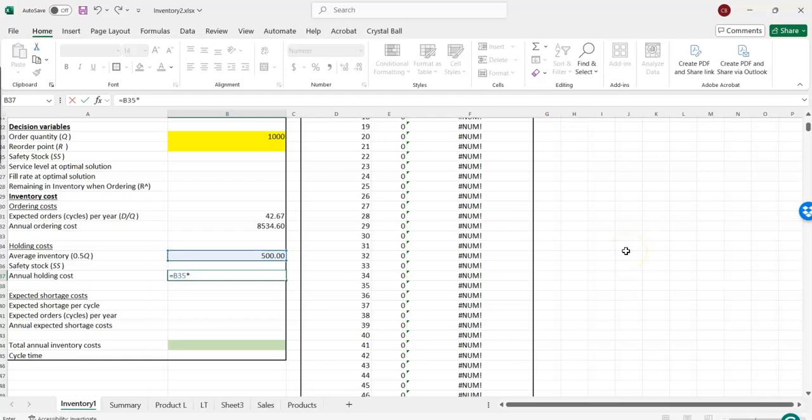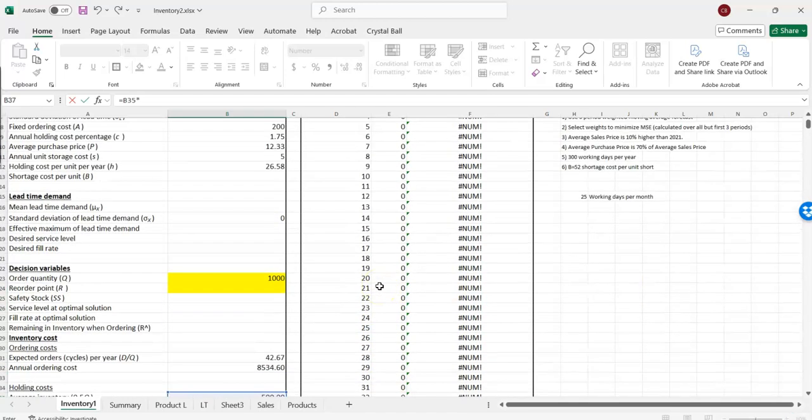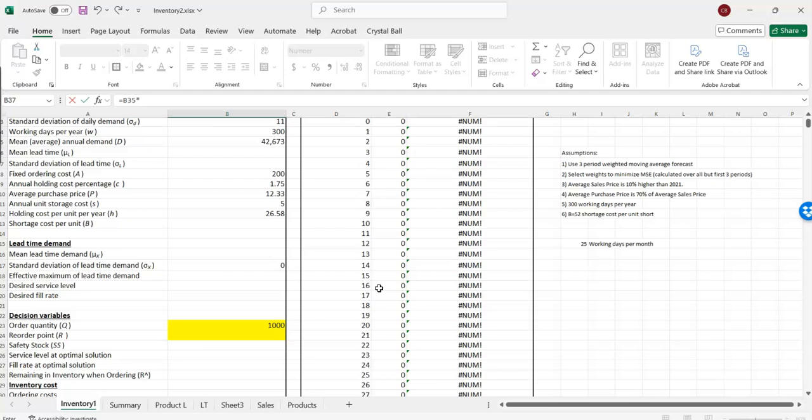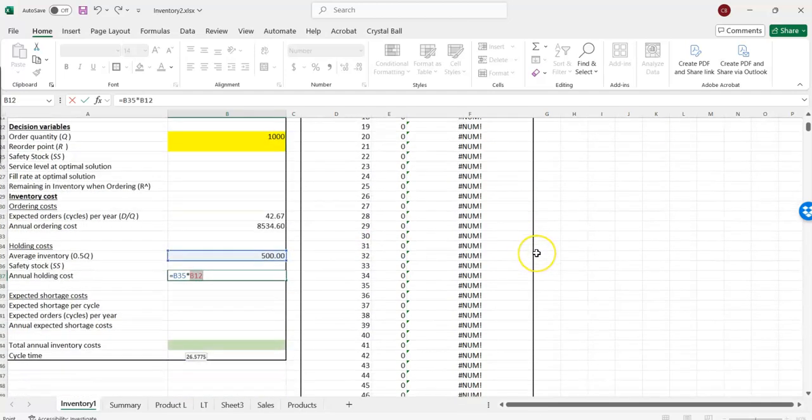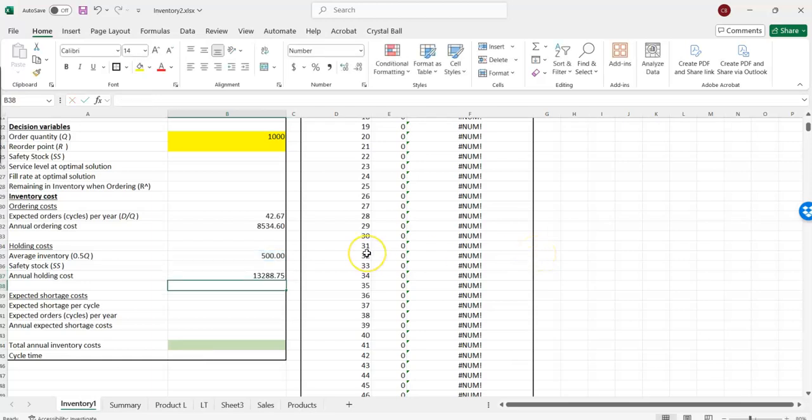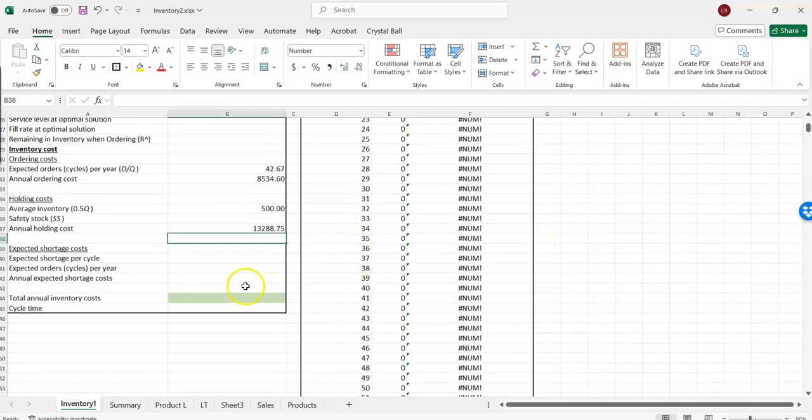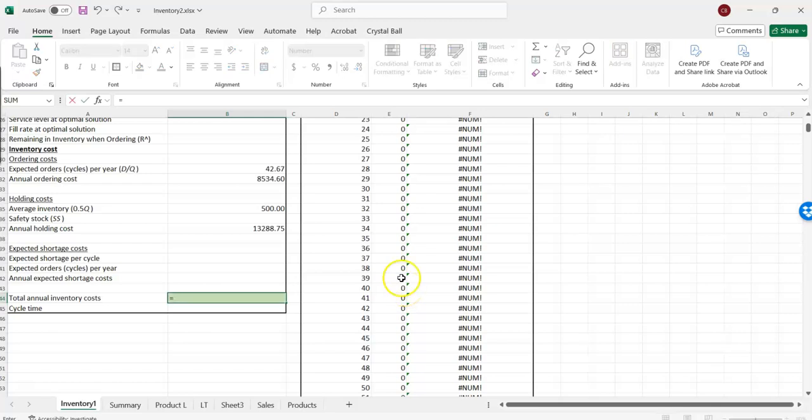And our holding cost will be 0.5 times Q times our holding cost per unit per year. And so our annual inventory cost is annual ordering cost plus annual holding cost.